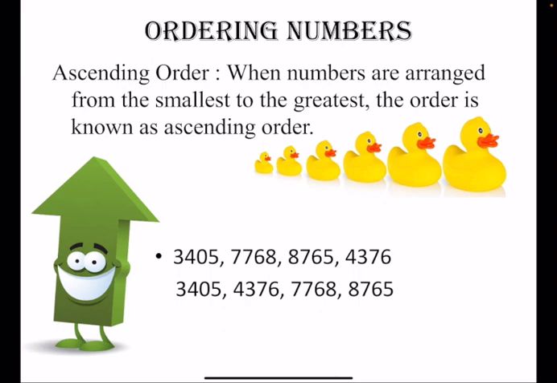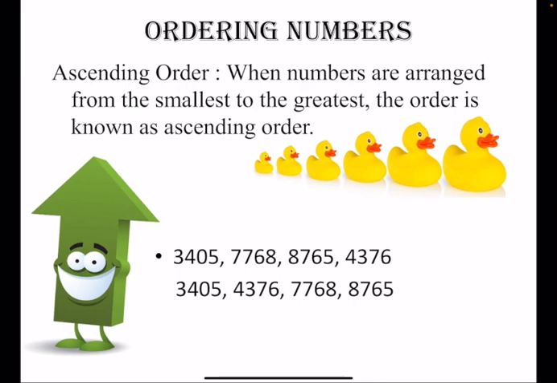So I have given you here 4 numbers: 3405, 7768, 8765 and 4376. These 4 numbers you have to compare. You have to find out which one is the smallest. So I have already explained you how to compare the numbers.